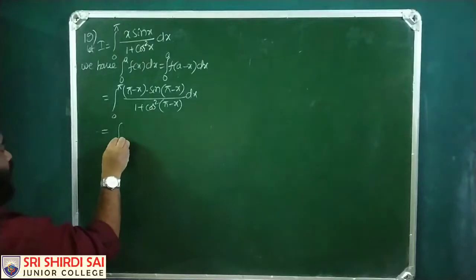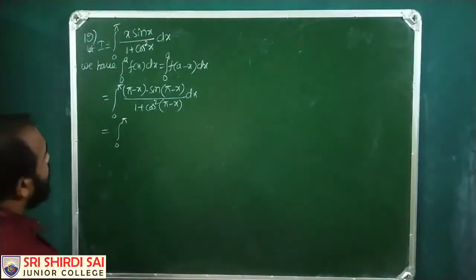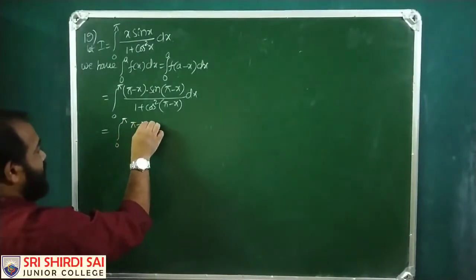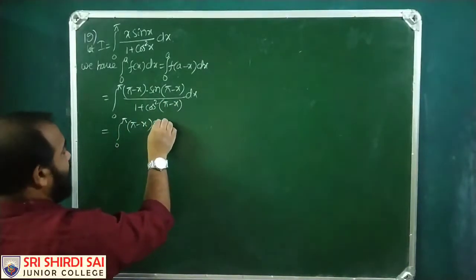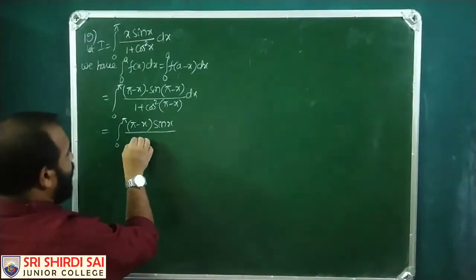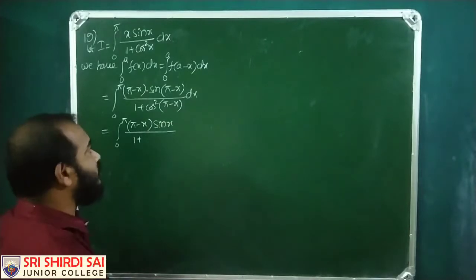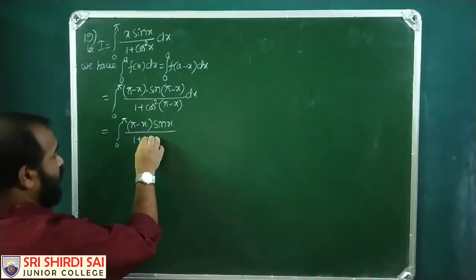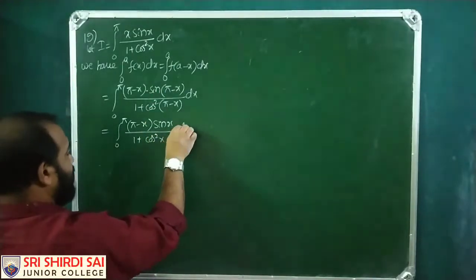So 0 to pi, so pi minus x sin 180 minus x is sin x by 1 plus cos 180 minus x is minus cos x, whole square, cos square x dx.